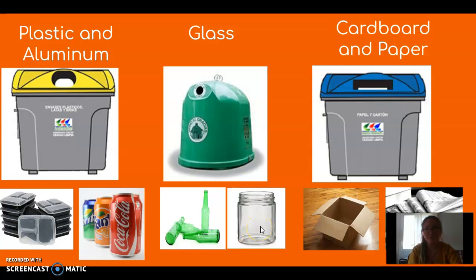Great job! Plastic and aluminum belong in the yellow container. Glass bottles and glass jars belong in the green container. Cardboard and papers belong in the blue container.